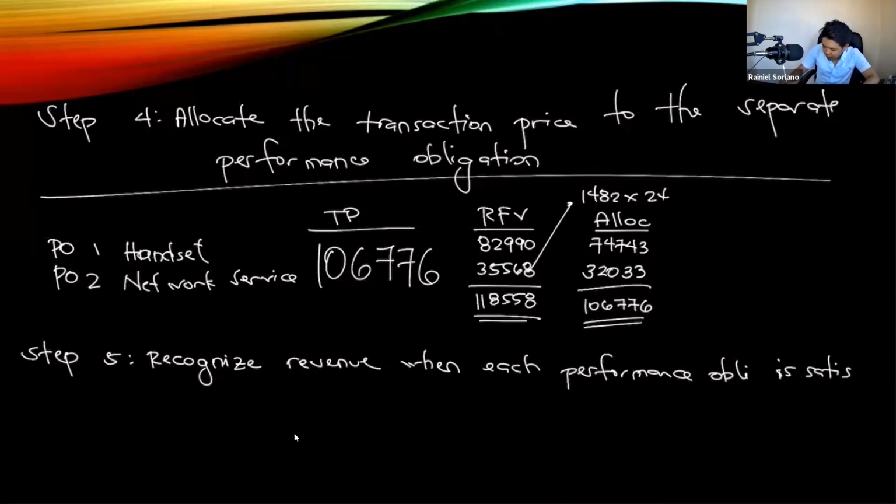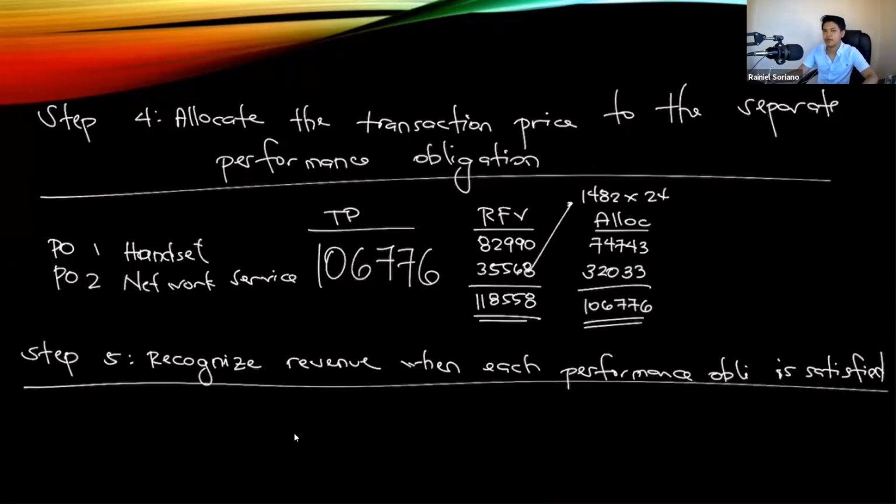Again, recognize revenue when each performance obligation is satisfied. You with me? Now, hear me out, guys. Dito, meron po tayong dalawa. At a point in time and over the period of time. As discussed a while ago, if the satisfaction is at a point in time, revenue will also be recognized at a point in time. But if the satisfaction is over the period of time, revenue will also be recognized over the period of time. Okay?